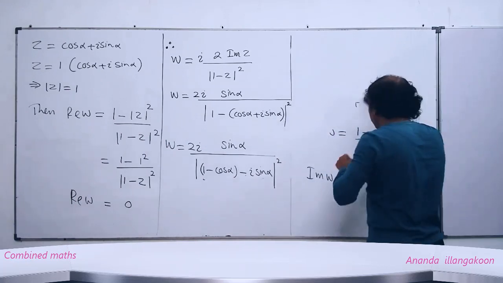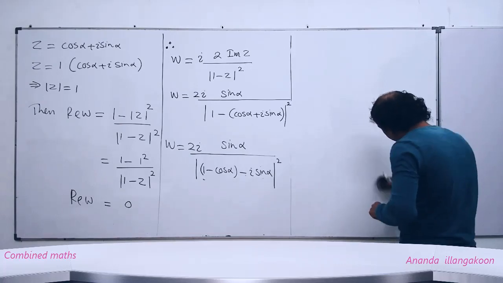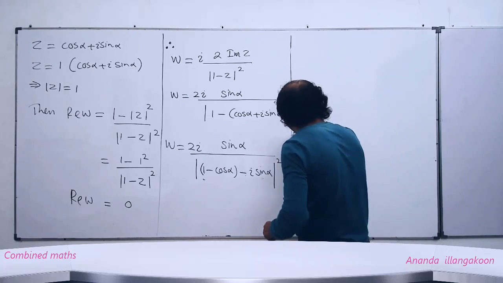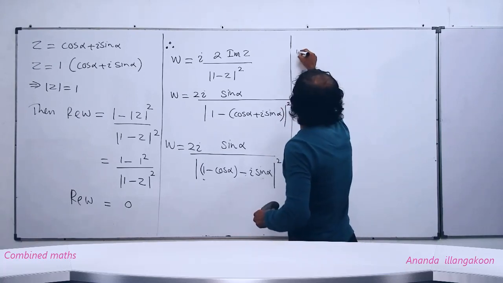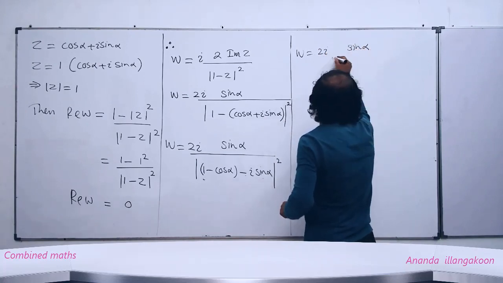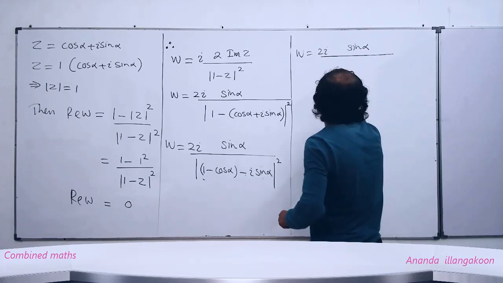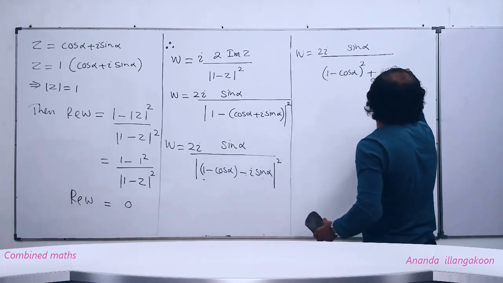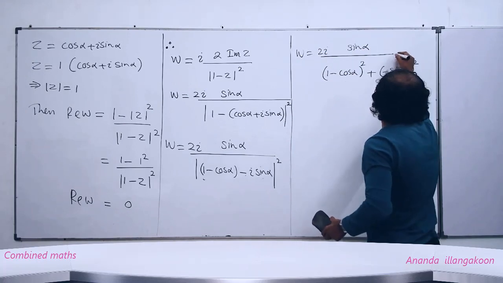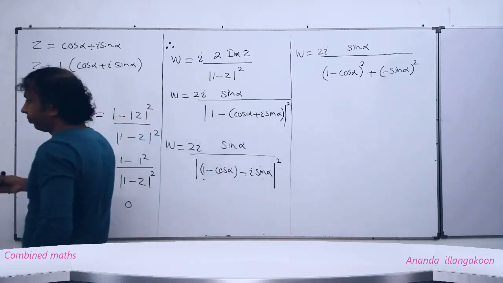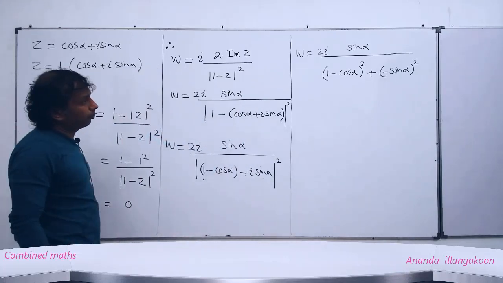Right. Then I can write the modulus squared this way, people. I can write it like this. 2i sin alpha divided by 1 minus cos alpha squared plus minus sin alpha squared. Now simplify this. Then you get this answer. Let's simplify this.